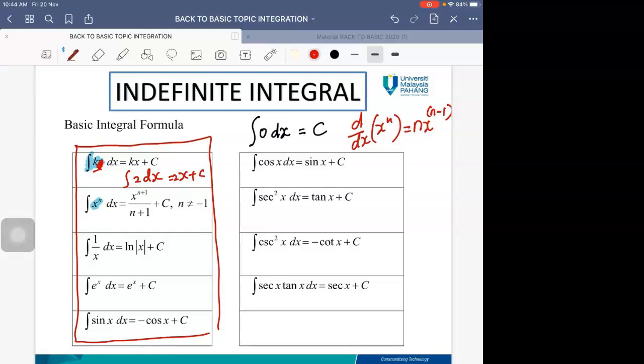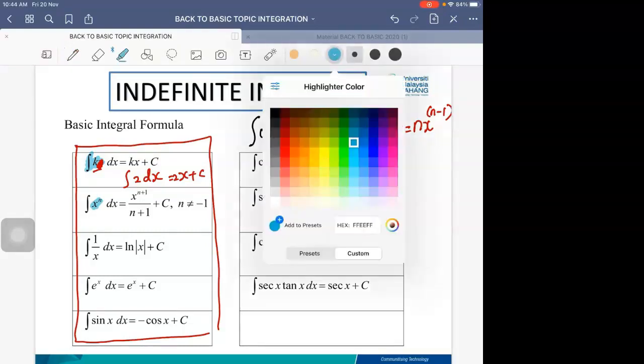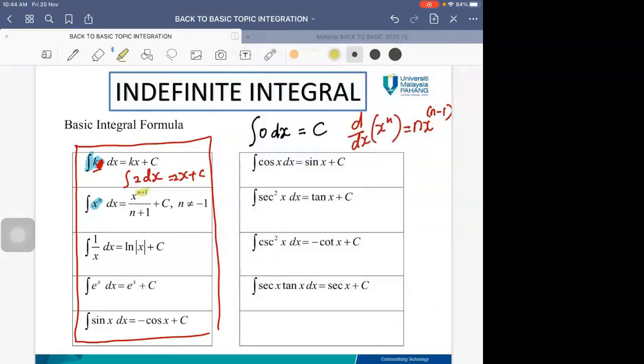The reverse process for integration: you add 1 to the power, and then you divide by the new power, and then you add a constant. Every time you deal with an indefinite integral without limit, you must add a constant.